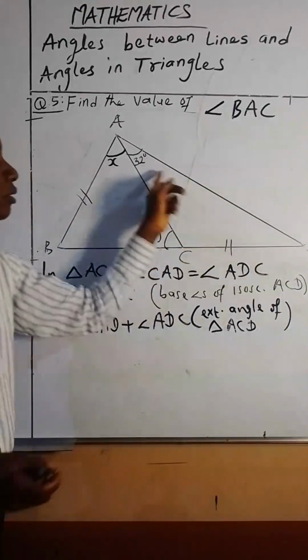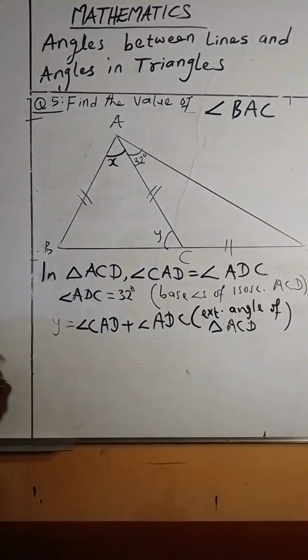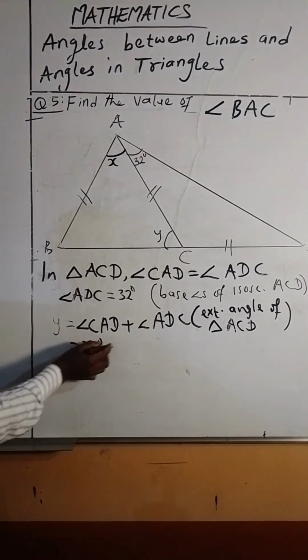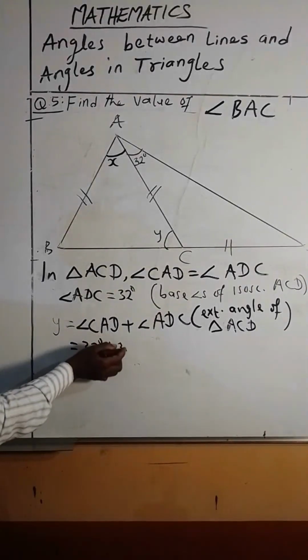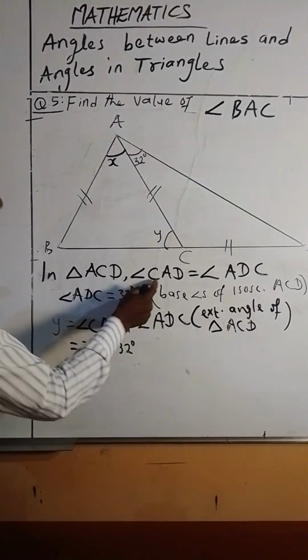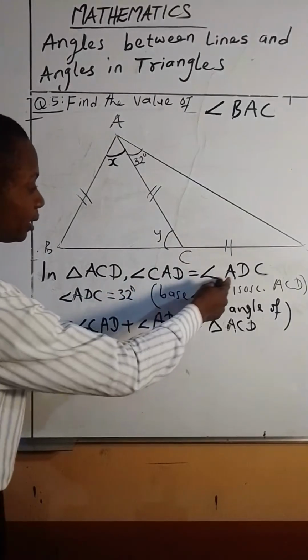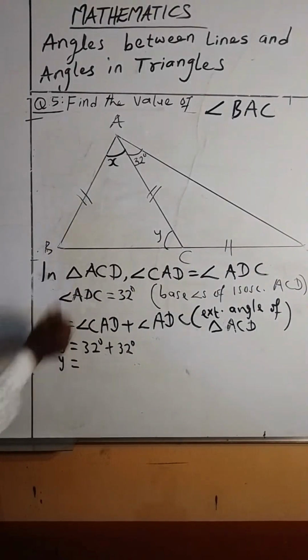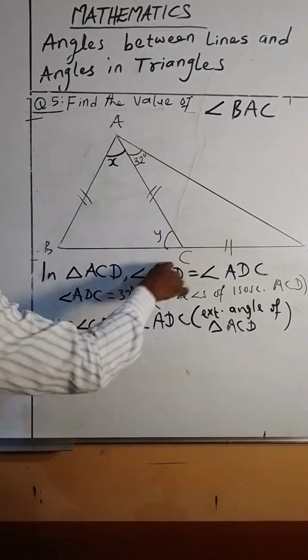So what it means is that we'll now have 32 degrees plus another 32 degrees, because both of them are equal. CAD and ADC are equal. So it means that our Y, don't forget, Y is ACB.